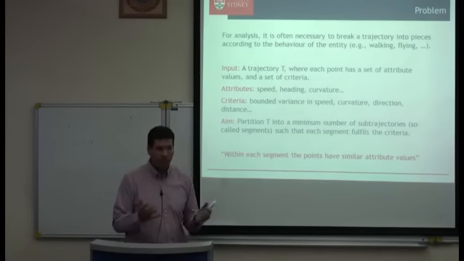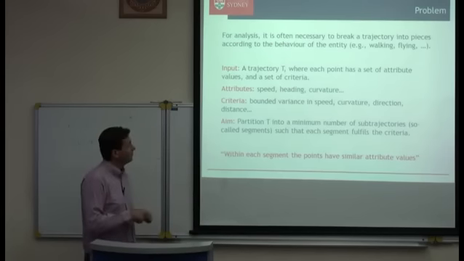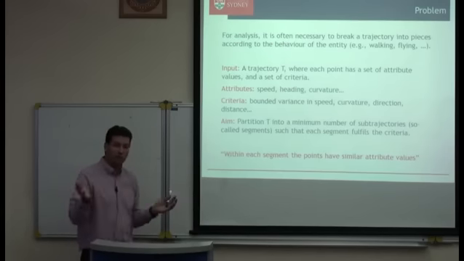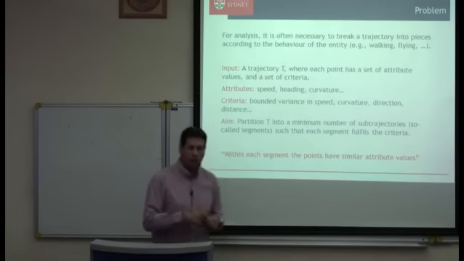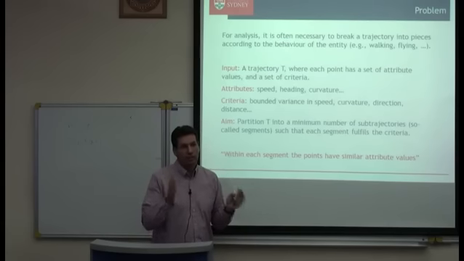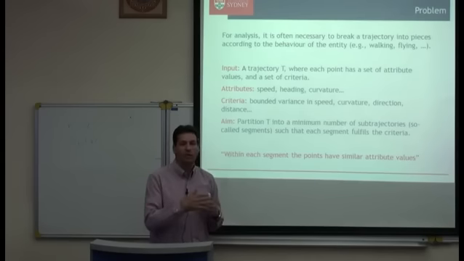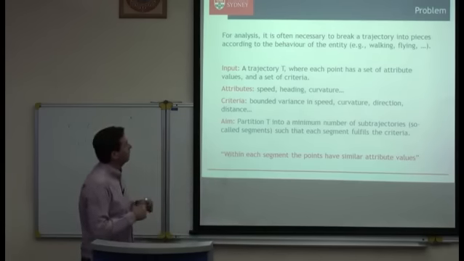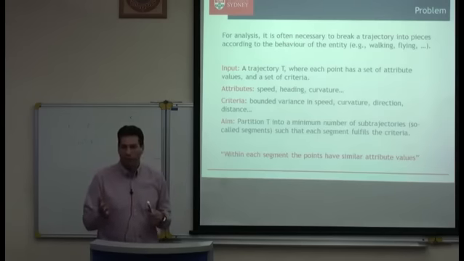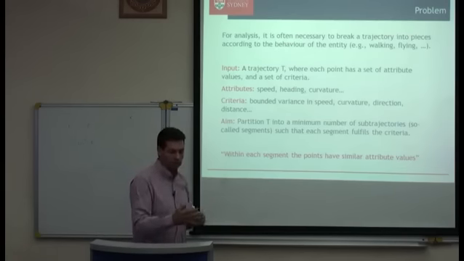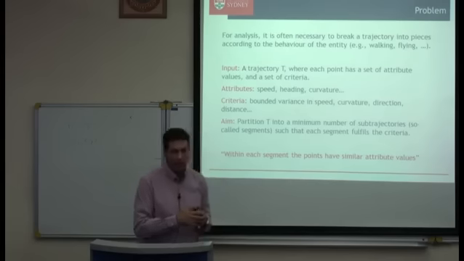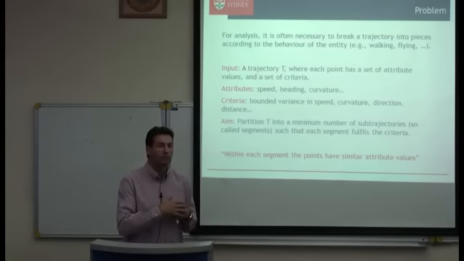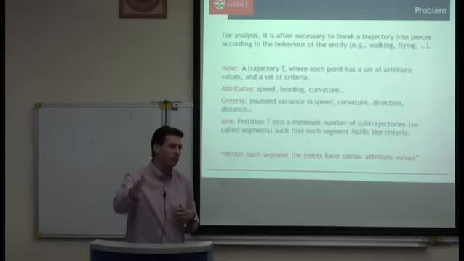So this is a problem where you get your trajectory, and now you want to detect sub-trajectories of that trajectory where all the points have similar attributes. This is very often used by behavioral biologists, where they want to automatically detect, for example, when the bird is doing so-called transport flights.